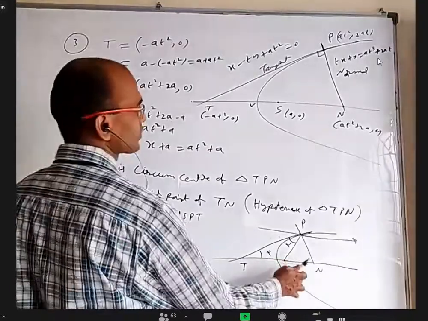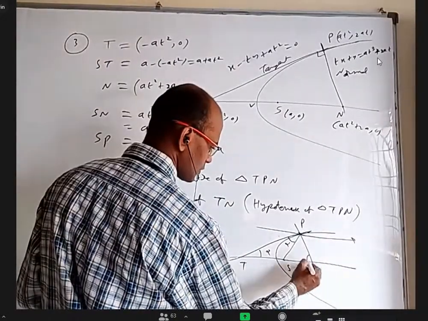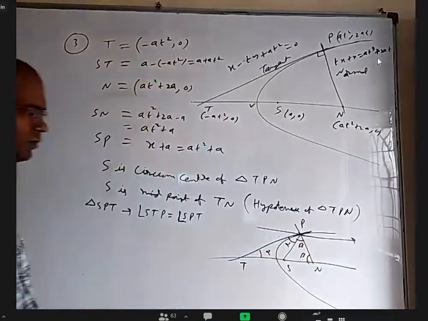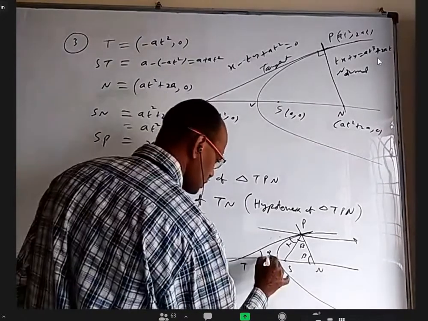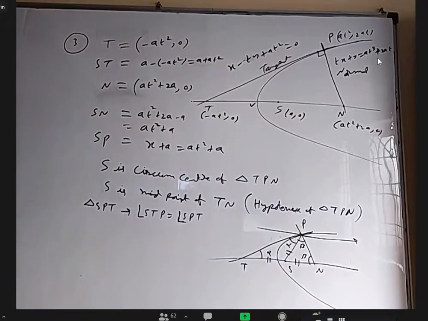Here also we got something equal. What is that? SN and SP. So if this is beta, this is also beta, opposite SP, opposite SN, because here this side is equal to this side is equal to this side.